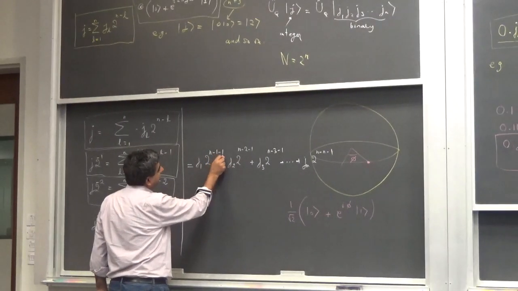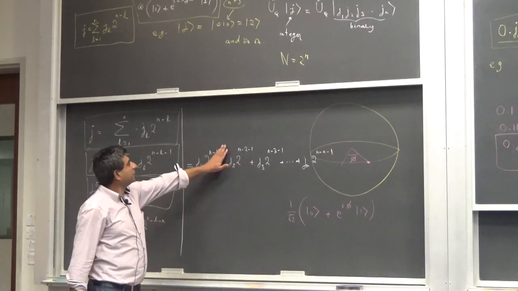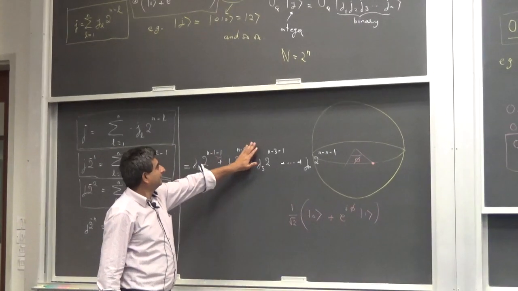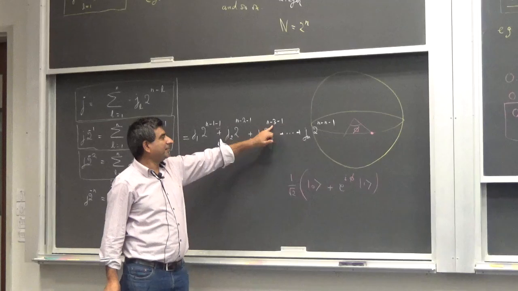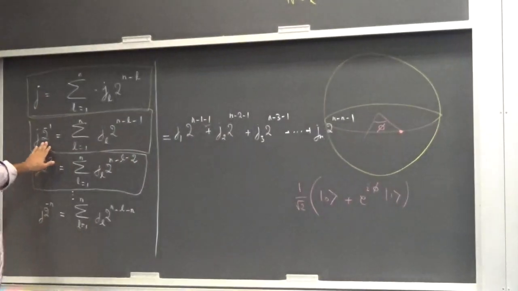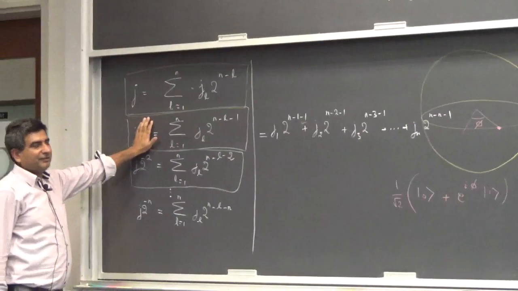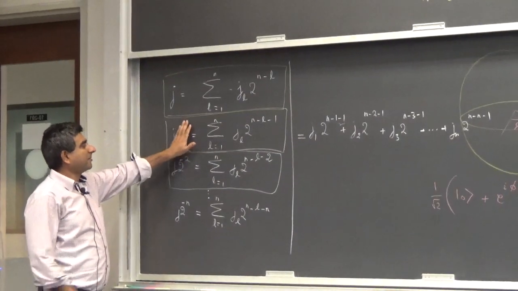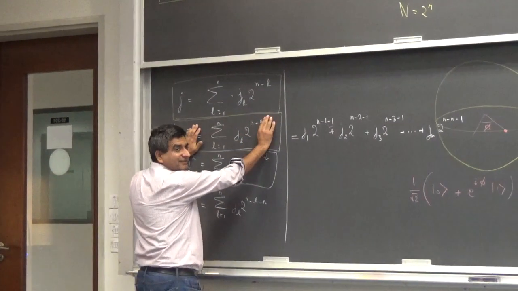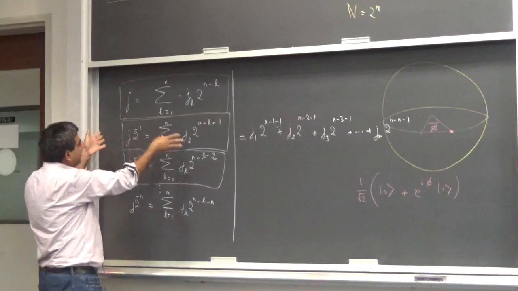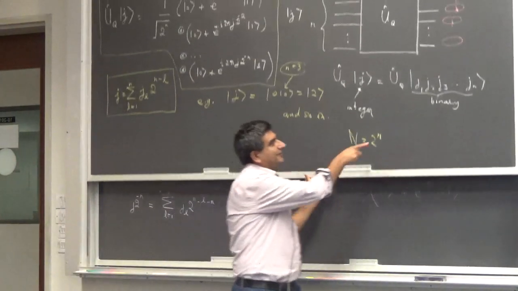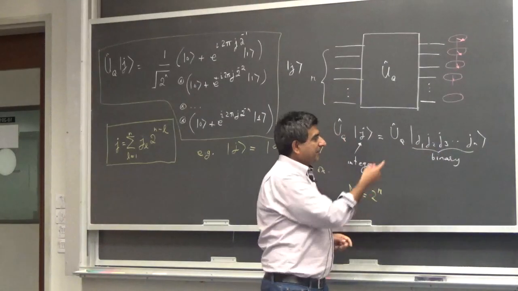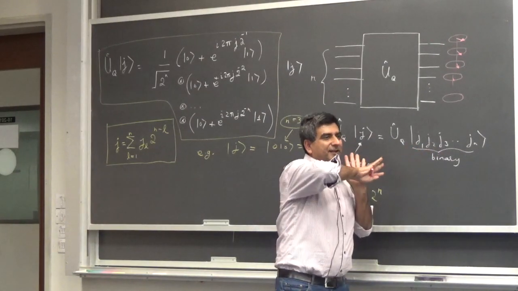If this minus 1, this minus 2, this minus 3 didn't exist, we just had j, right? So if there were no 2 raised power minus 1, this term wouldn't exist. Now we're dividing this entire sequence of j by a factor of 2.